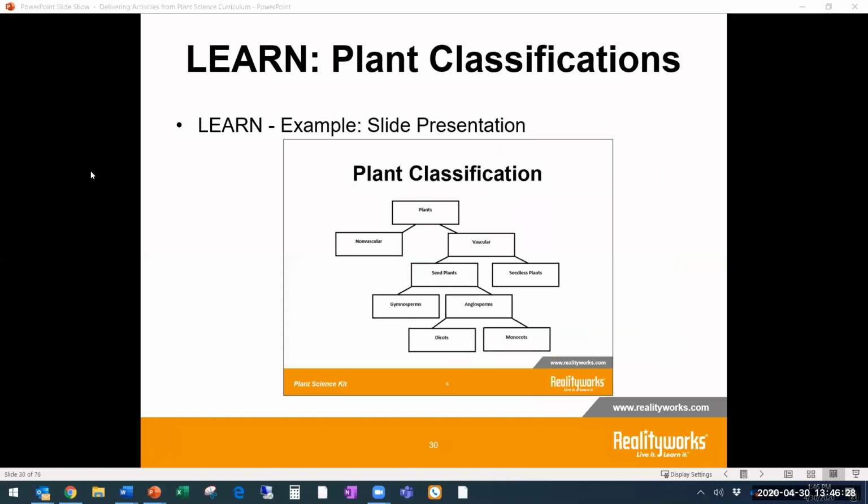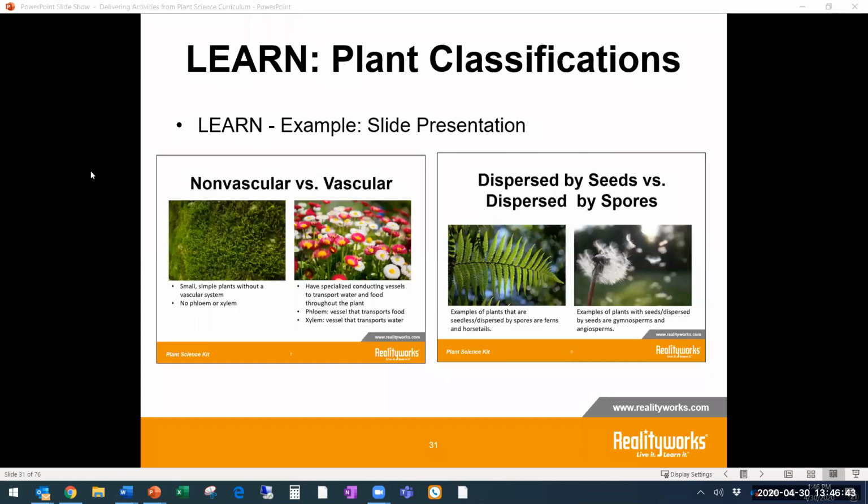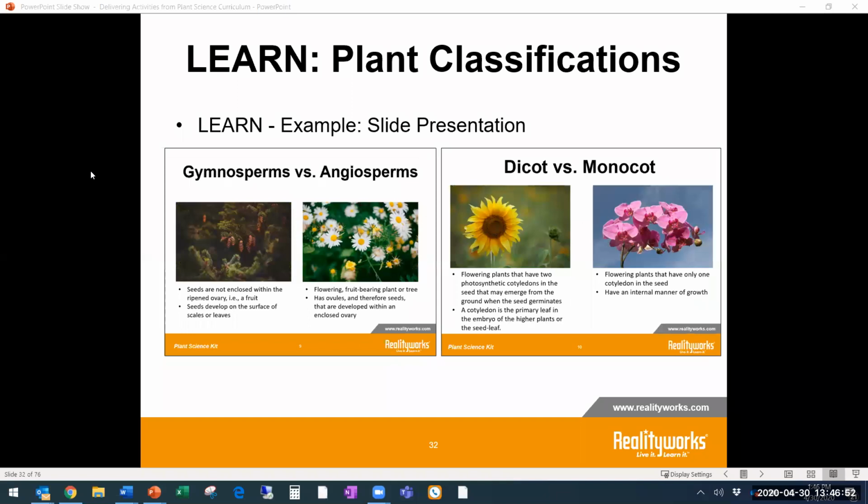Now the learn part is to start working in the plant classifications. We have great PowerPoint slides and great worksheet examples, and note-taking opportunities for your students to go through what plant classification is, to walk through non-vascular and vascular types of plants, whether it's seed dispersion or spore dispersion, and talk about dicot and monocot.